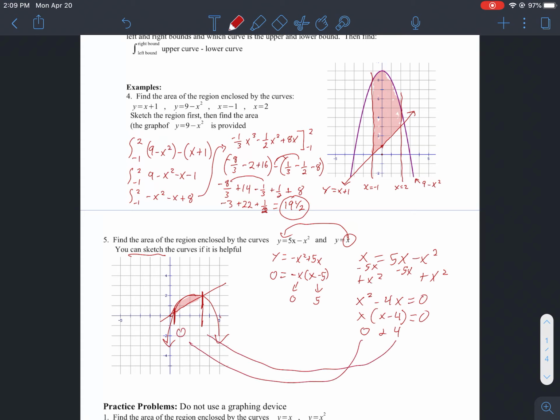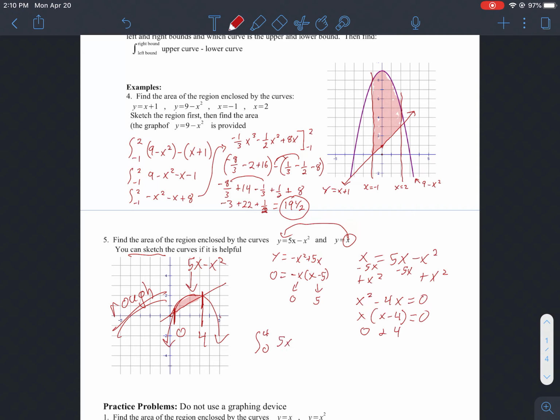So my sketch was just rough. It wasn't accurate. One thing it told me is that the top curve had to be 5x minus x squared, and it just helped me visualize things to get started. So now my integral goes from 0 to 4.